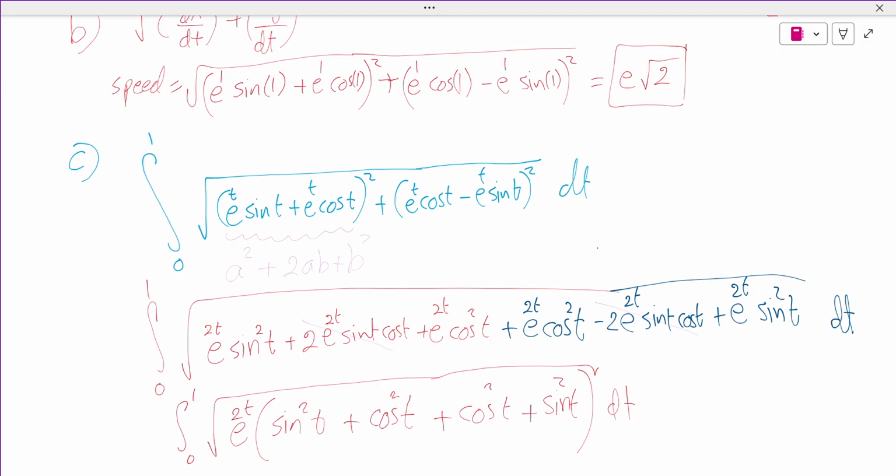Sine squared plus cos squared is 1, and sine squared plus cos squared is 1. So the whole bracket becomes 2.